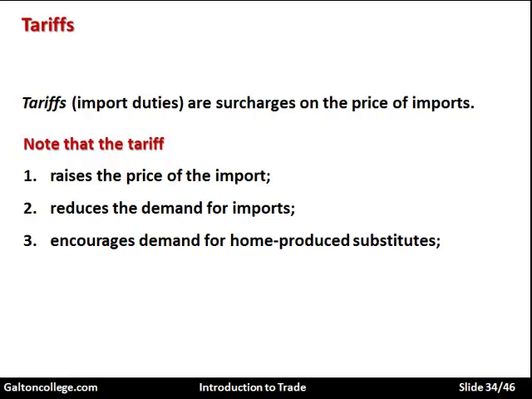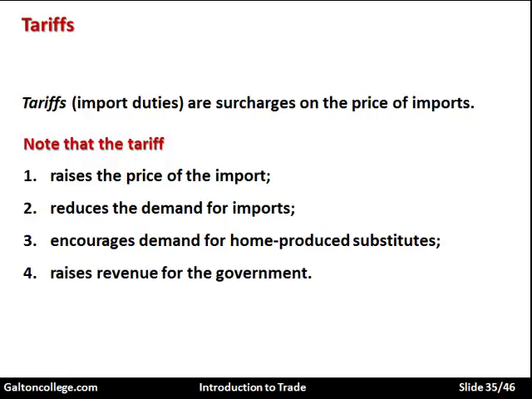The tariff should encourage demand for home-produced substitutes. So it should cause customers to switch between foreign goods and domestic goods. They should switch over to domestic goods because the foreign goods are now more expensive. The tariff has made them more expensive.